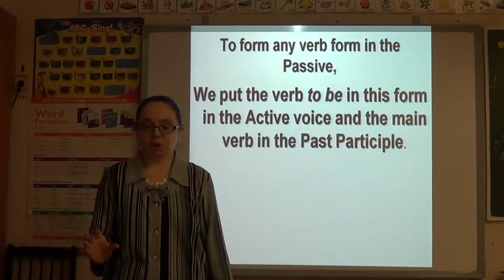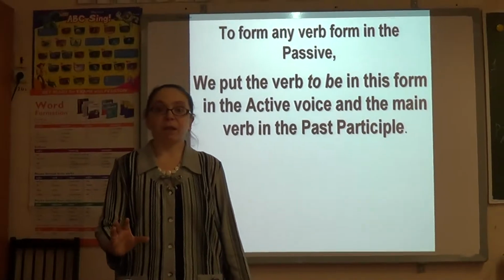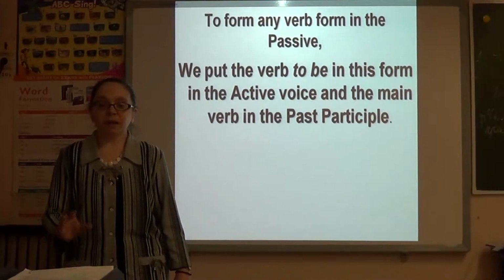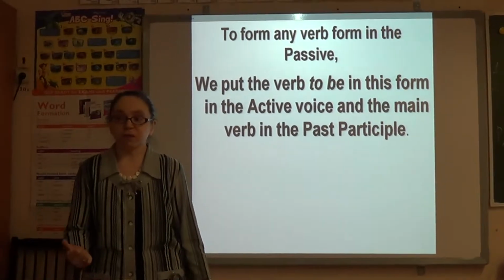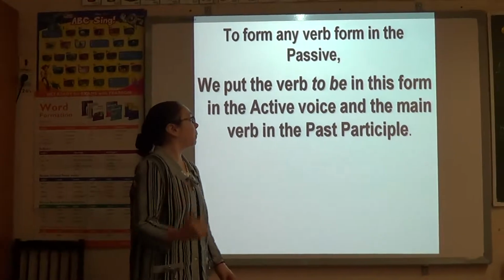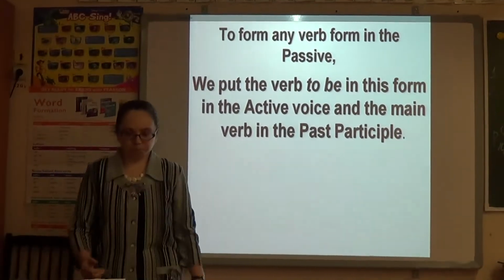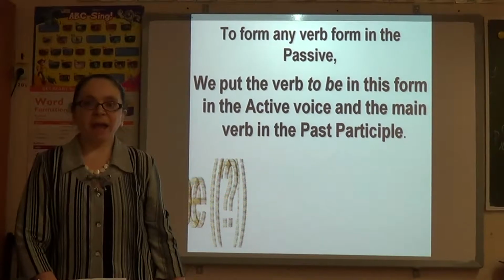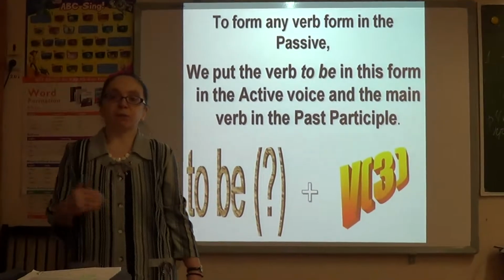So the main verb is never changed in the passive. It is always in the past participle. All the grammatical functions are shown by the auxiliary verb to be. Any tense is formed according to this general rule.